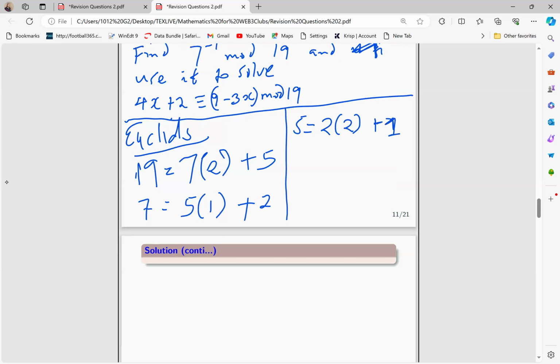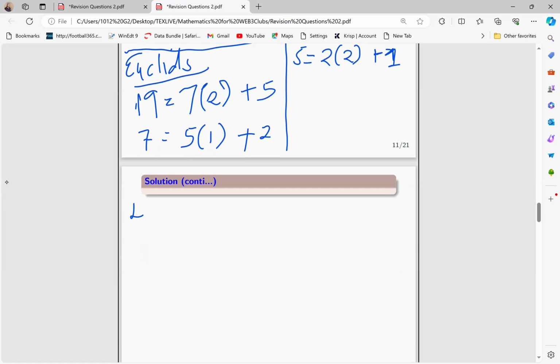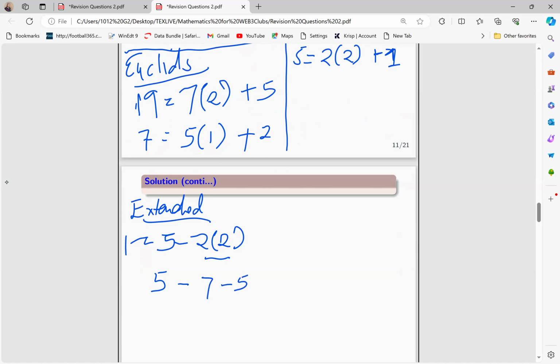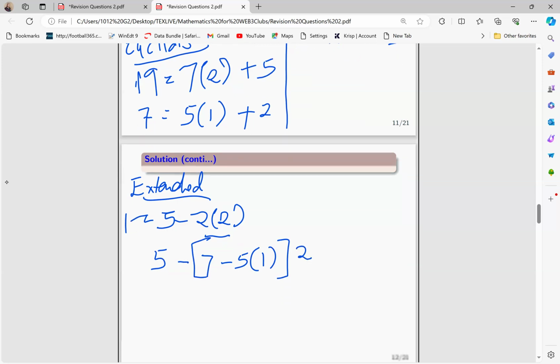Then we start reversing the extended algorithm, making 1 the subject. That becomes 5 minus 2. Making 2 the subject, it becomes 7 minus 5, multiplied by 2.